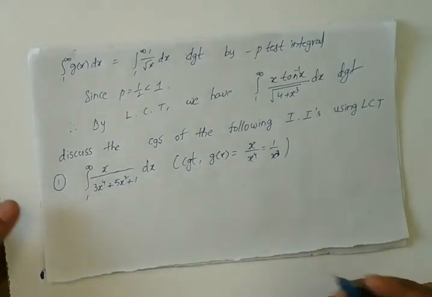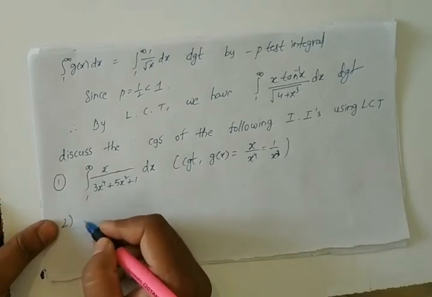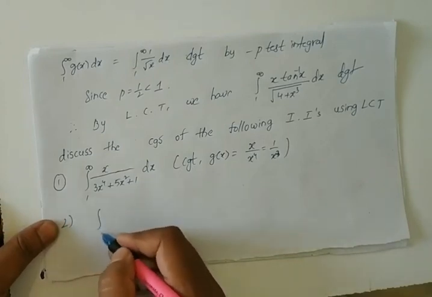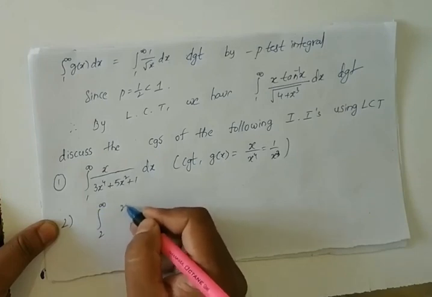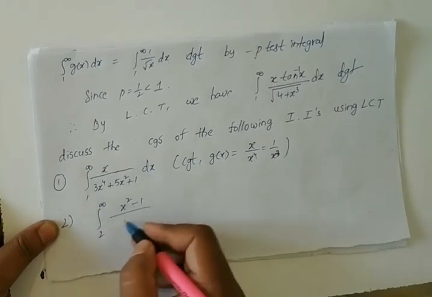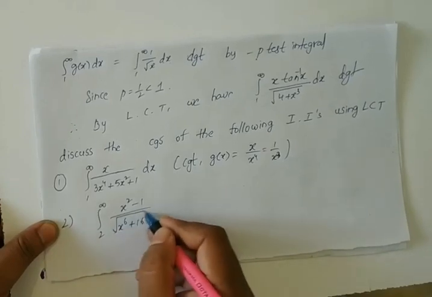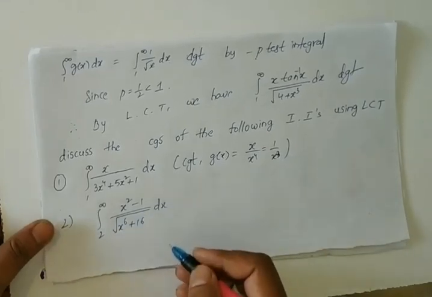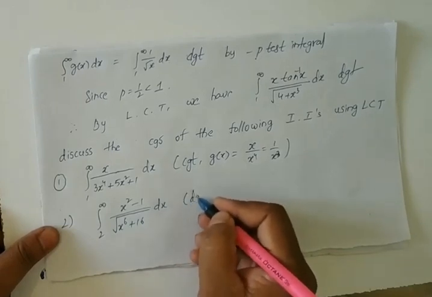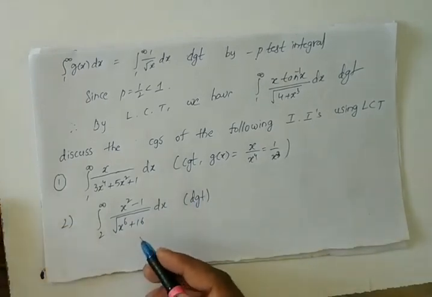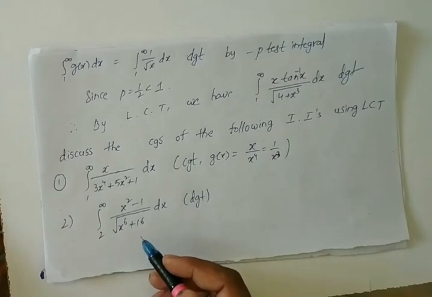Next, second one. Integral from 2 to infinity x square minus 1 by square root of x power 6 plus 16 dx. This is divergent. So here in the second problem, how to choose the function g of x?